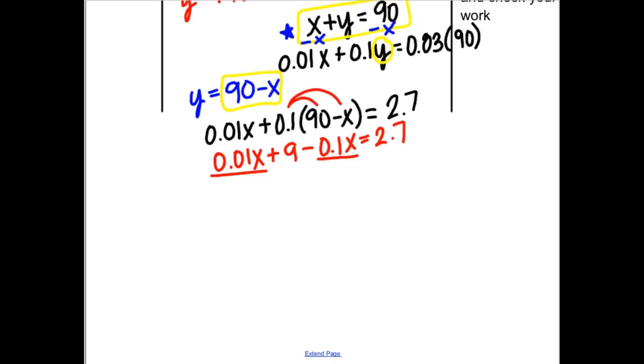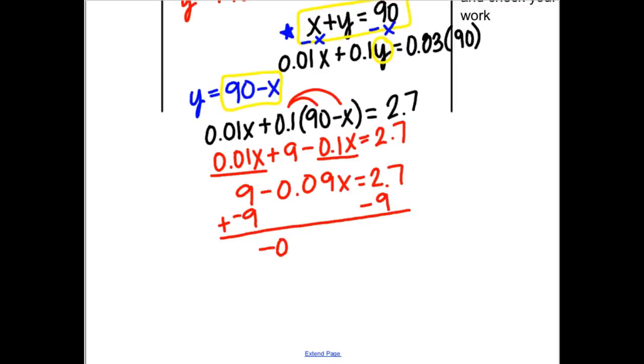Yes. 0.09? 0.09. Sorry, I'm doing this on the fly. Then I'm going to add negative 9, or minus 9.